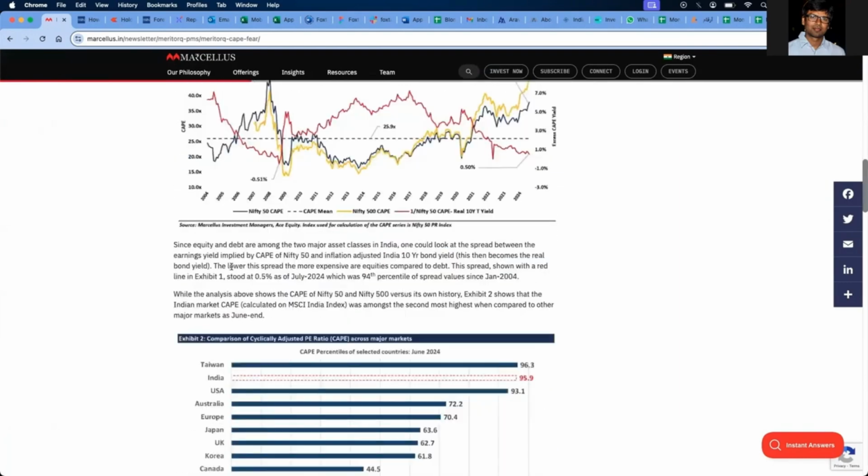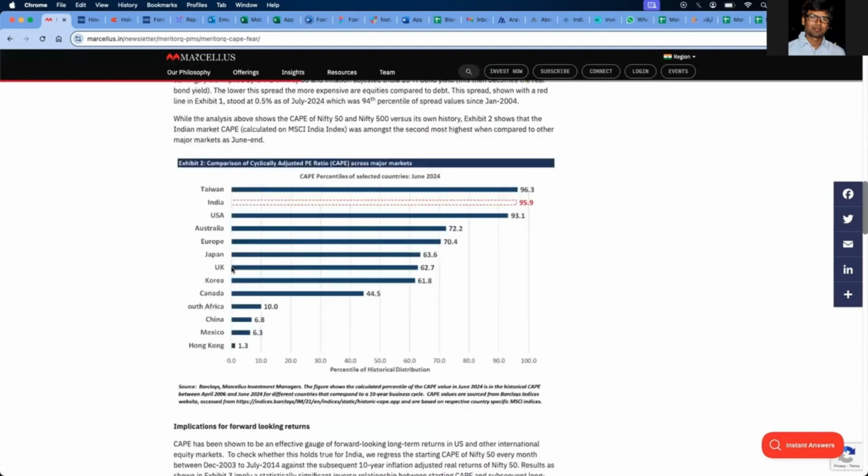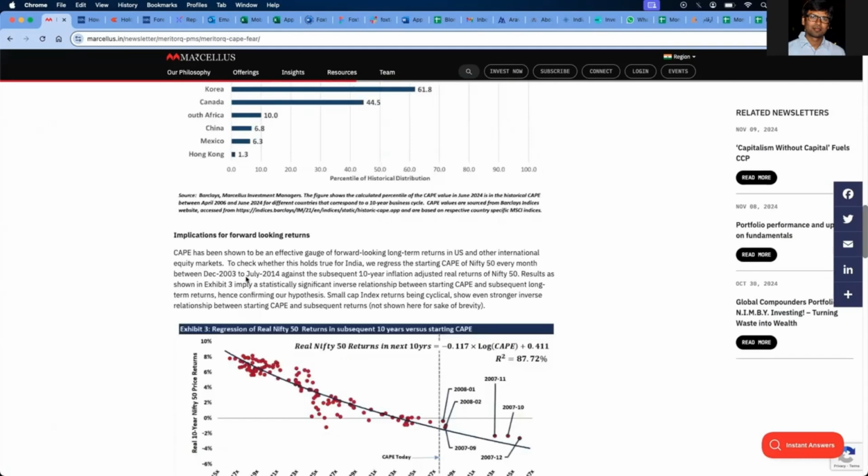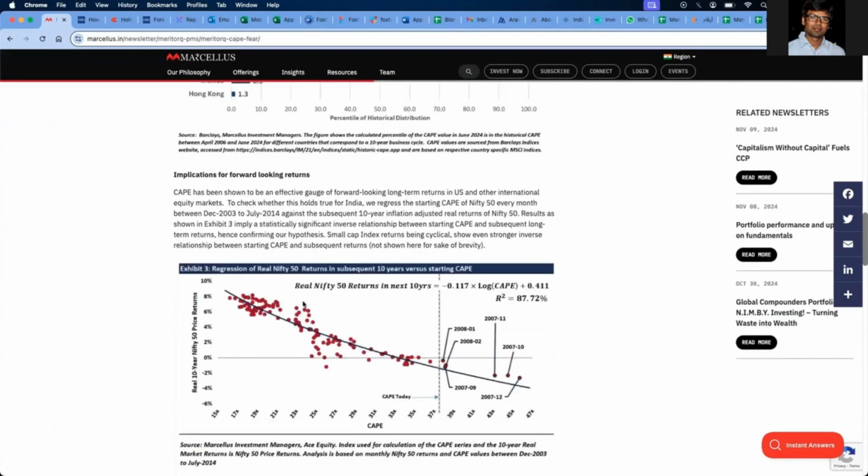It's that they regress the Nifty 50 returns with the cyclically adjusted PE ratio and find that the possible returns for Nifty 50 in the coming year might be in single to low single digits because of the elevated valuations.